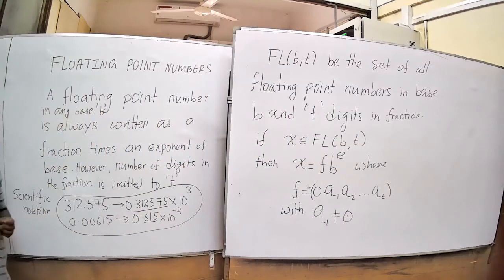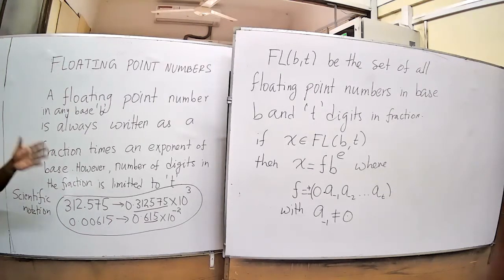Okay. So if you have a floating point number, then you can write that as a fraction times exponent of the base, so b to the power e. And then that fraction is always a strict fraction with the first digit being non-zero.